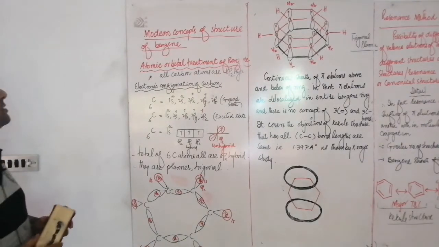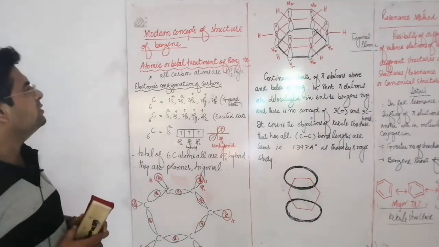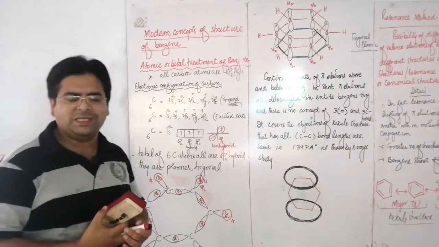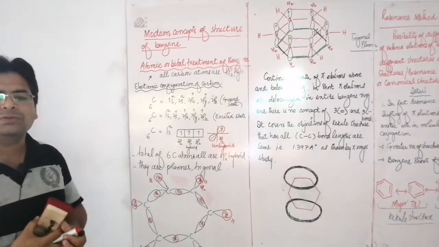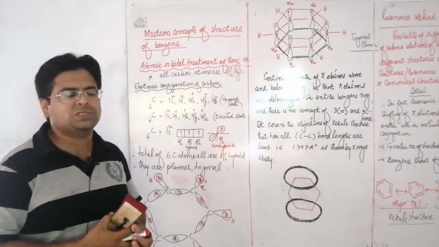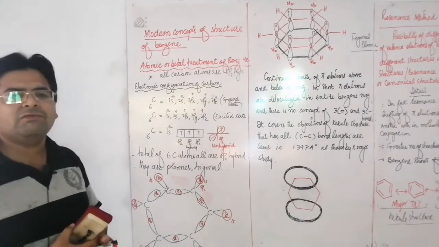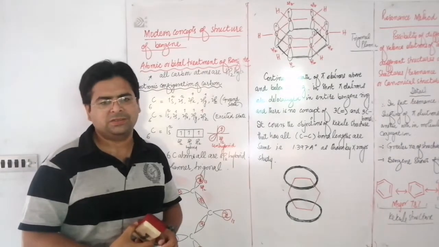So dear students, now we are going to discuss the modern concepts of the structure of benzene. There were old concepts about the structure of benzene, called the Kekulé structure, and there were a few limitations in it.